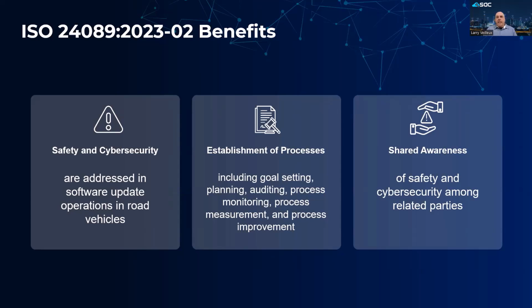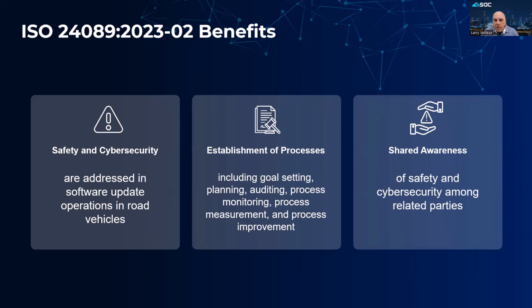The International Standard for Road Vehicles, Software Update Engineering, or ISO 24089, was released in February 2023. It provides terminology, objectives, requirements, and guidelines related to software update engineering as a foundation for common understanding throughout the supply chain. By applying requirements and recommendations in this document, the following benefits can be achieved for software update engineering.